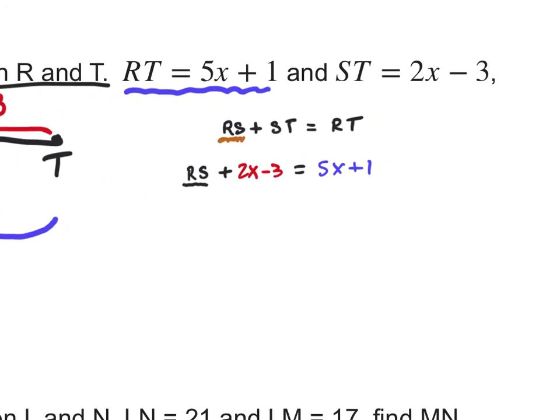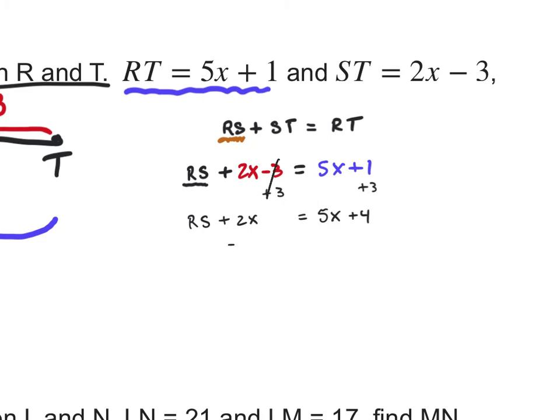So here, I'm going to go ahead and combine like terms. I'm going to add 3 to both sides. I'm going to do this slowly so as not to skip any steps. So 3 plus 1 is 4. I do still have RS over here plus 2x, and the reason I added 3 to both sides is because I wanted to create 0 so I could move it over to the other side. Negative 3 plus 3 is going to give me 0.